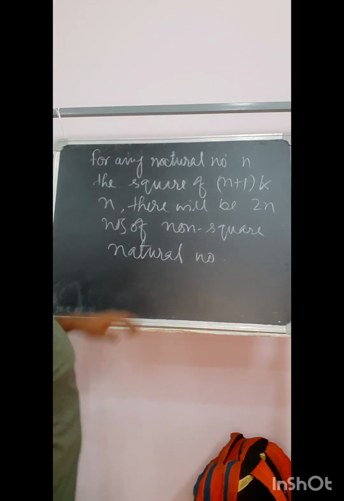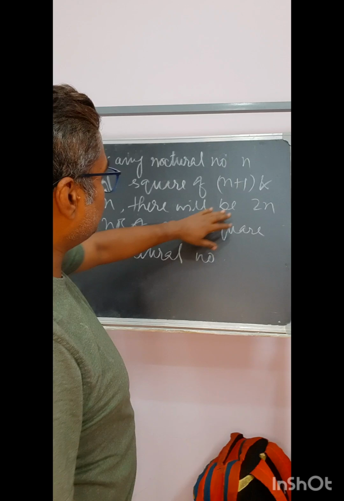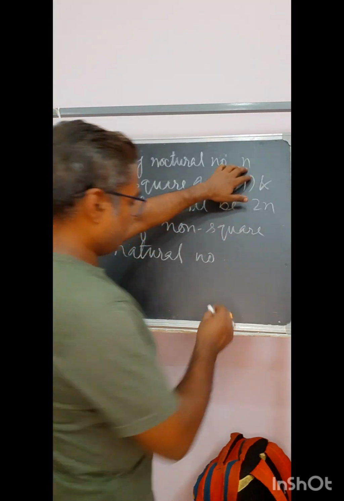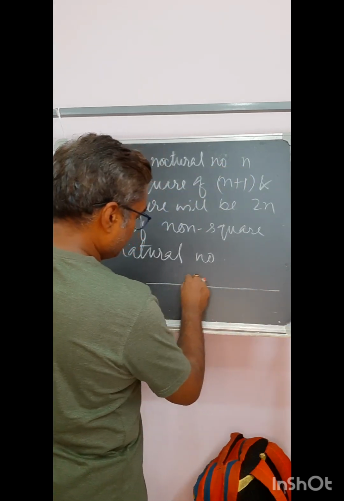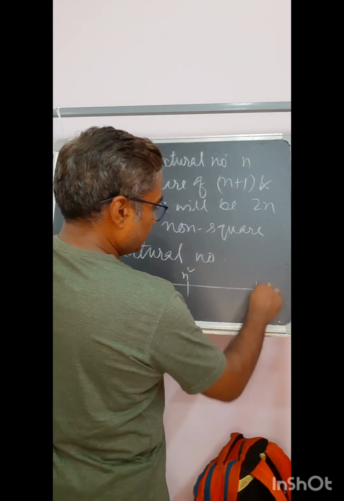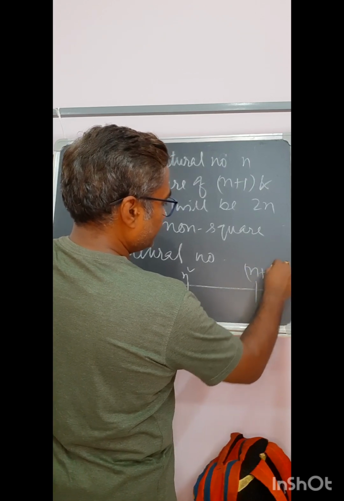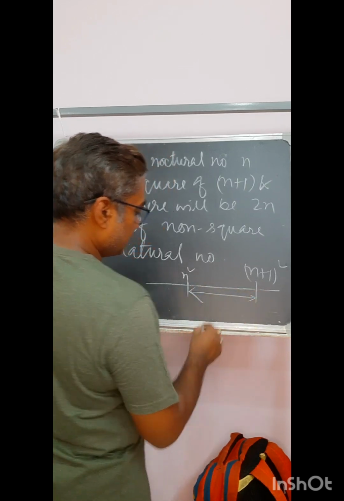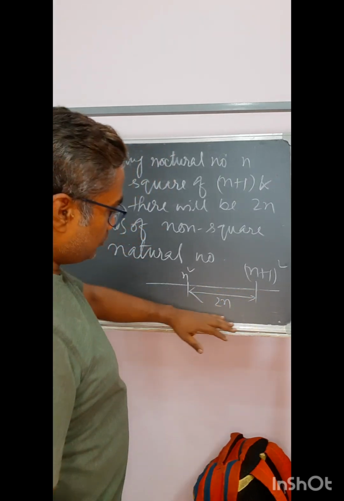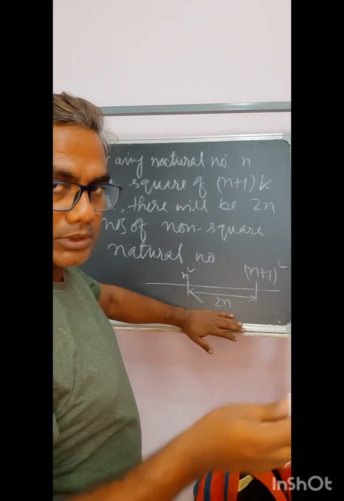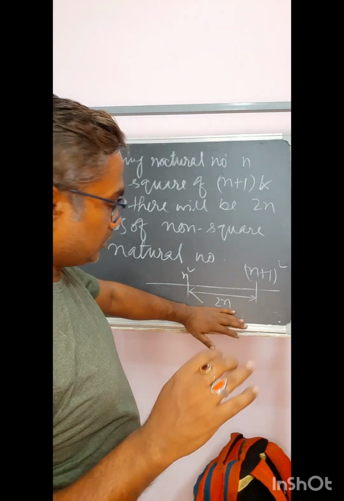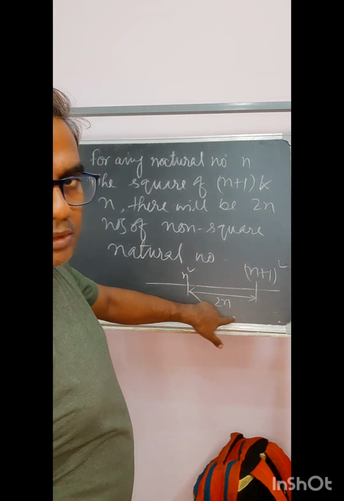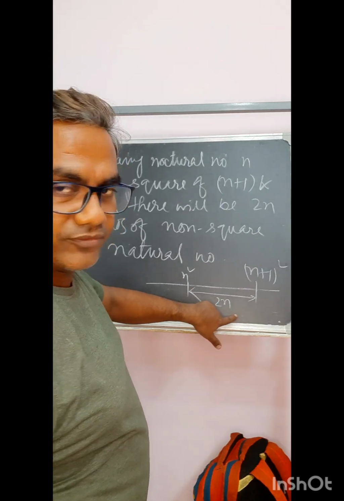So that means if I take the value of (n plus 1) whole square and n square and put them on the number line, let's say this is n square and this is (n plus 1) square. In between these I will get 2n numbers, 2n different numbers, that will be non-square, that means not a perfect square.